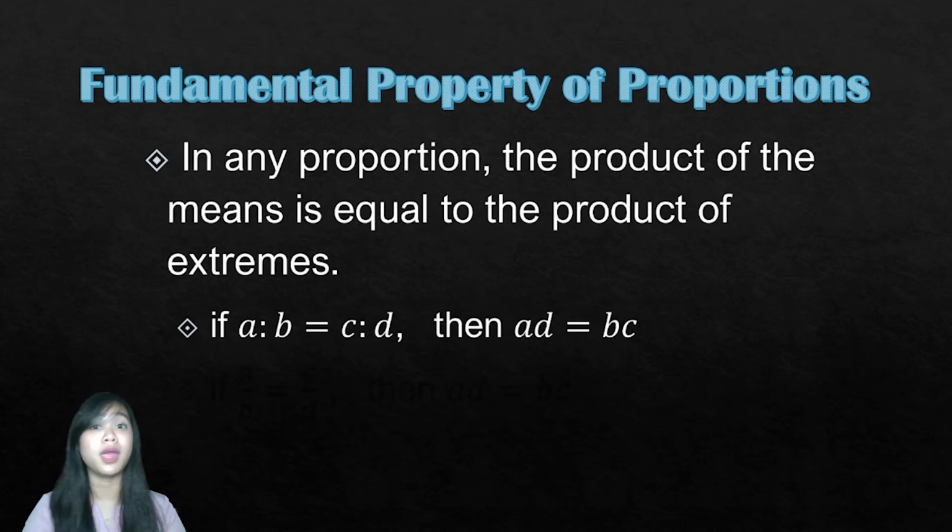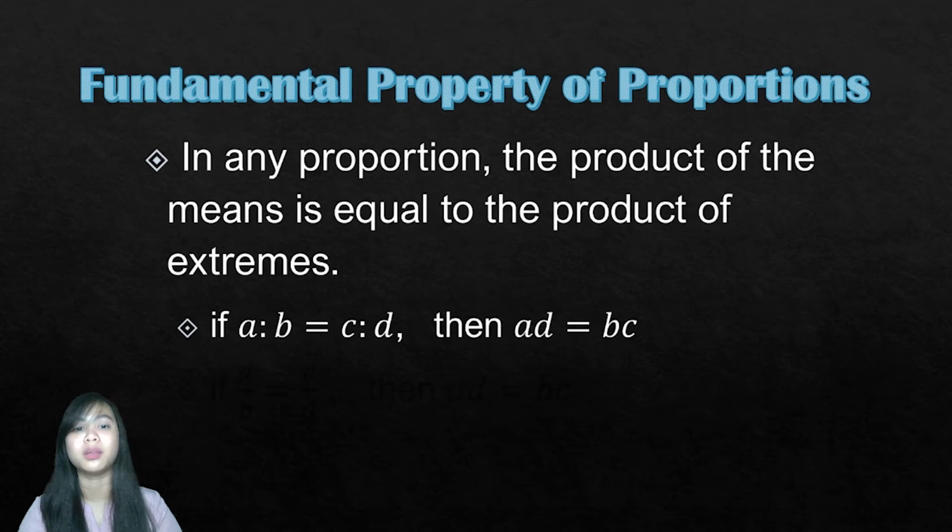So if A is to B equals C is to D, meaning they are in proportion, then it should be A times D equals B times C. A times D is the product of our extremes, the first and the last term.